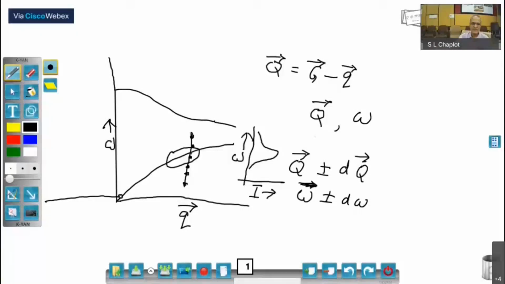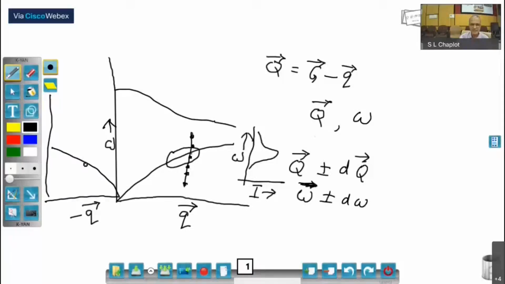Suppose I am actually measuring at minus Q. In the minus Q direction also, we know that the phonon frequencies are symmetric with respect to Q or minus Q; whether the phonon is propagating in the plus Q direction or minus Q direction, the frequencies are the same.